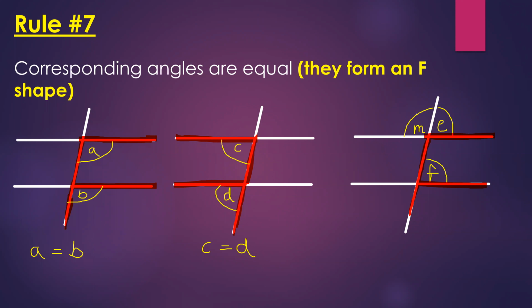It's at the top left. So where's the corresponding angle going to be? The top left. Very good, the top left as well. So it is true that E and F are equal, and it's also true that M and N are equal.